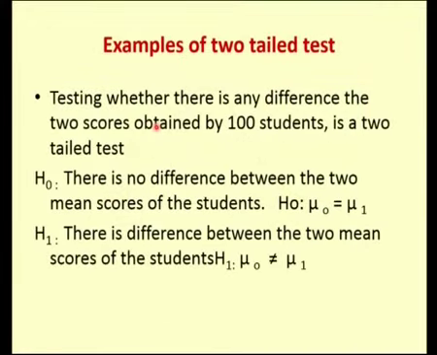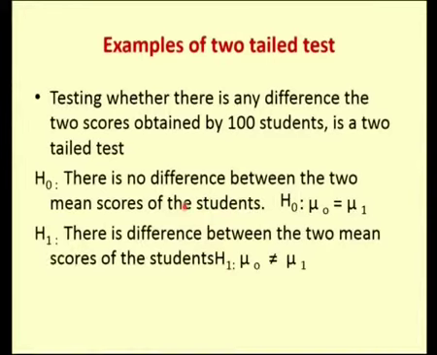Let us see some more examples of the two-tailed test. Test whether there is any difference in the scores obtained by 100 students is again a two-tailed test, because there is no difference in my null hypothesis, and my alternative hypothesis is not equal.